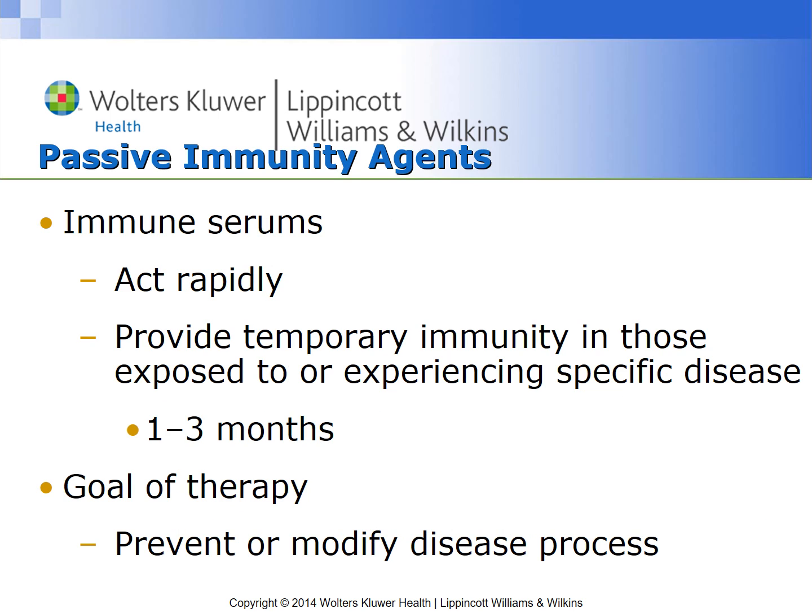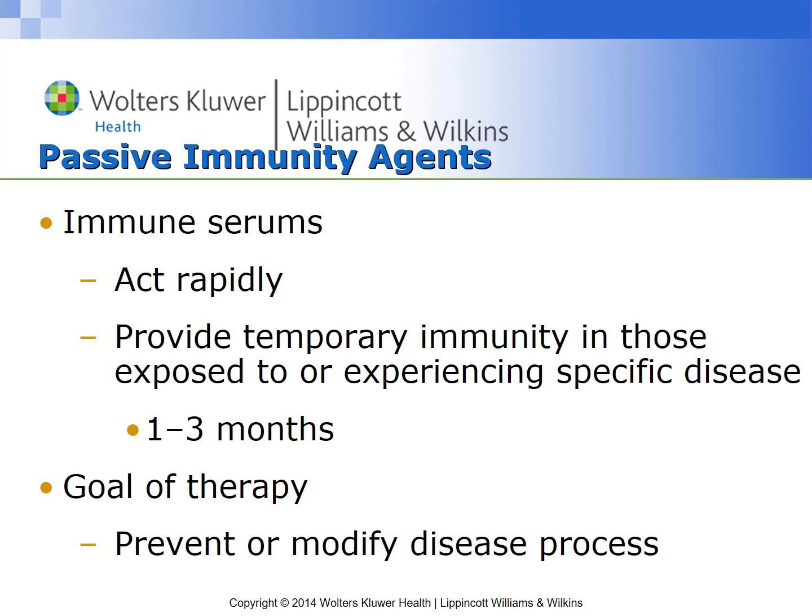Your passive immunity agents are immune serums, and they act rapidly, but they only provide a certain amount of immunity, from 1 to 3 months. This literally comes from serum of individuals who are immune.